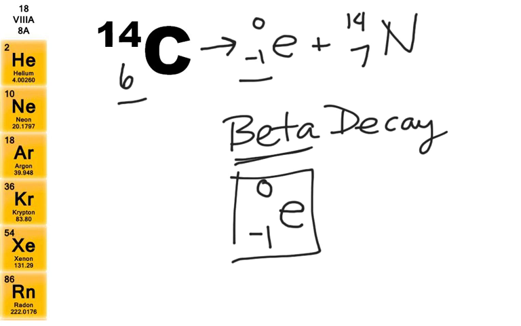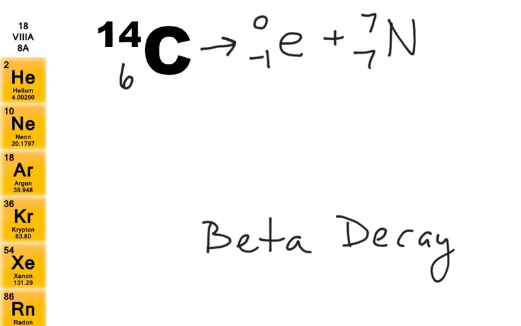Now we do want to look at this just for a moment. I've rewritten my equation to give myself a little bit of room because we want to go back and see what's happening here. On the carbon, since it's number 6, we know that it has 6 protons. And when we're done, our nitrogen, since it's atomic number 7, has 7 protons.